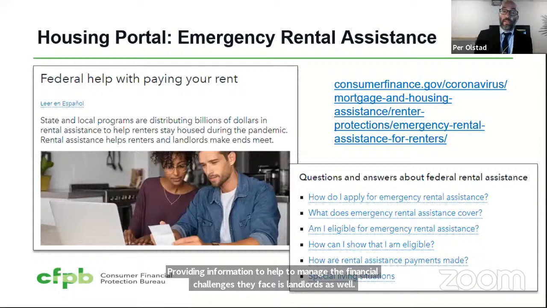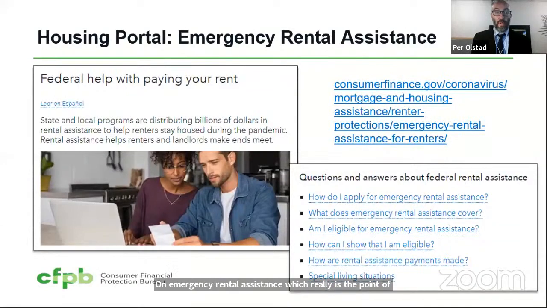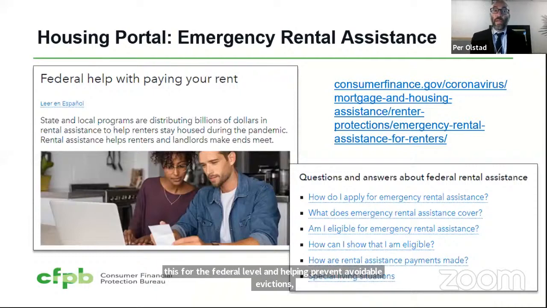So on emergency rental assistance, which really is the point of the spear from the federal level in helping to prevent avoidable evictions, in parallel to the resources Vanessa outlined from Treasury, which are very grantee focused, we provide a range of information that is very focused on renters and landlords.